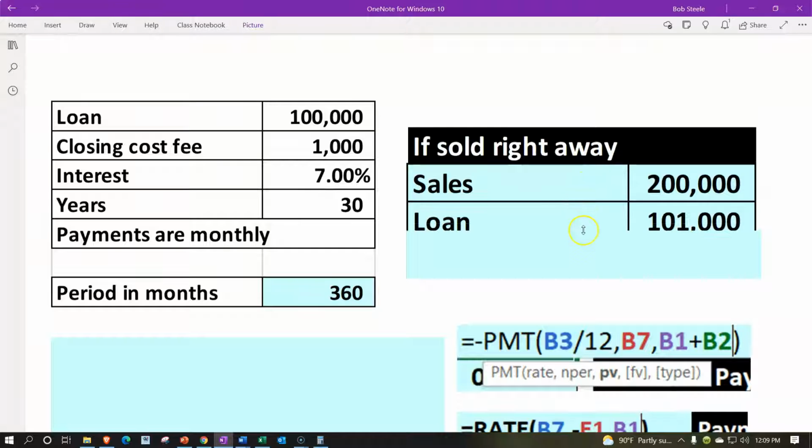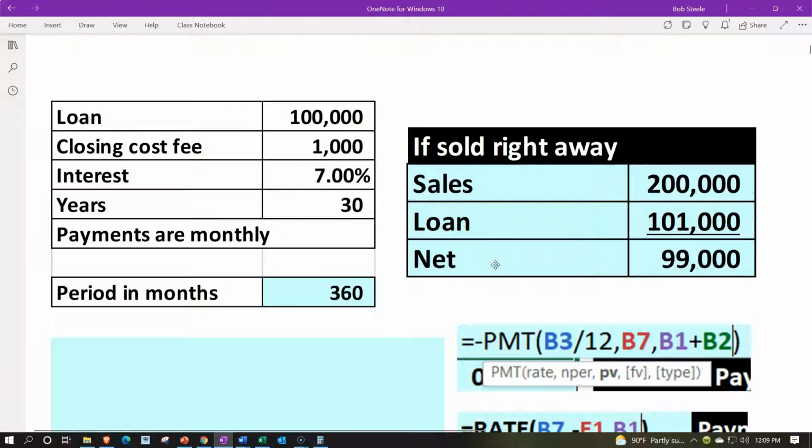So you'd have to pay off the loan, because you financed the loan at 100,000, and then they added on that 1,000 of the charges to the loan balance. So if you hadn't paid off any of the loan and you sold it the next day for 200,000 or whatever, the net balance you would get would be the 99,000.